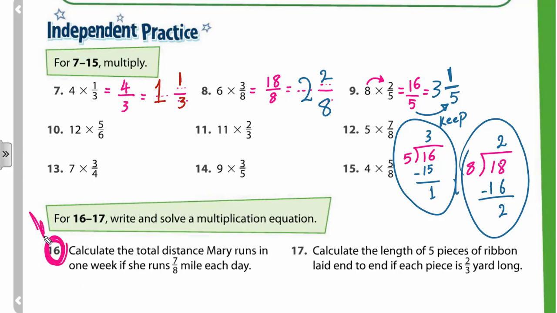So Laith, you are solving question number 16. Go ahead. Calculate the total distance Mary runs in 1 week if she runs 7/8 mile each day. So what should we do?